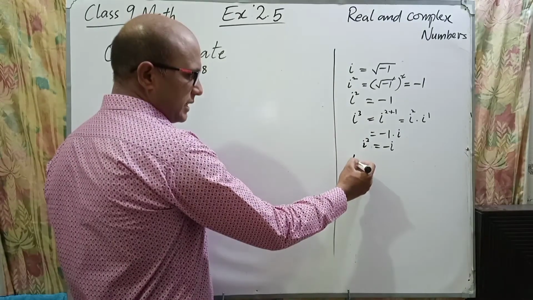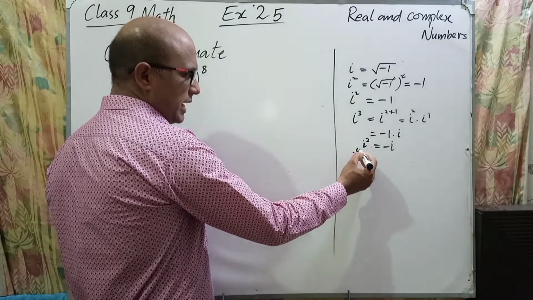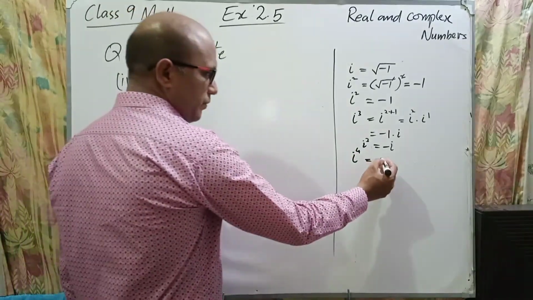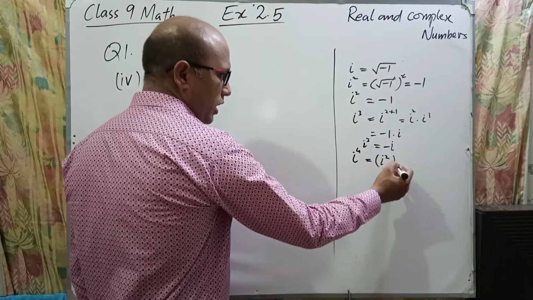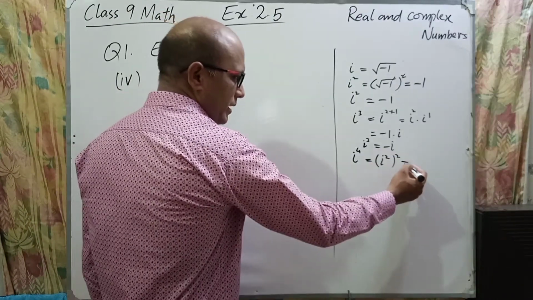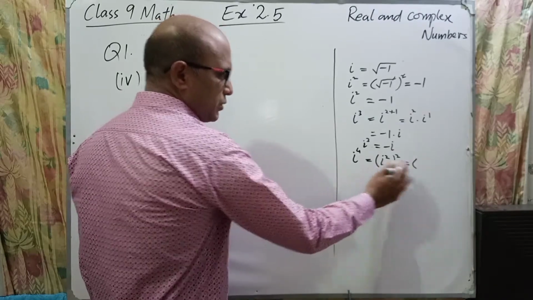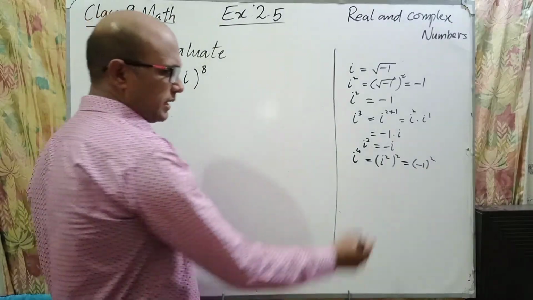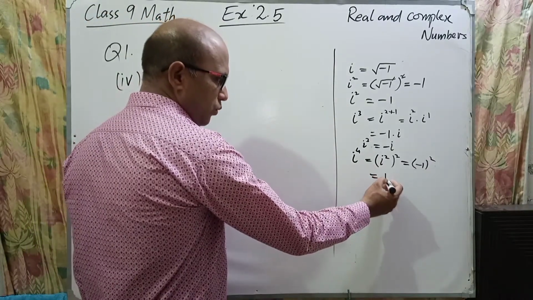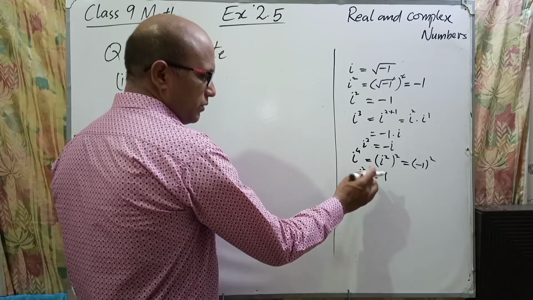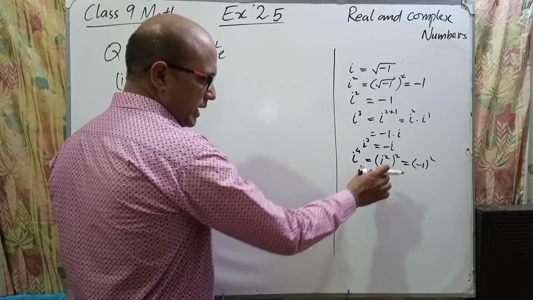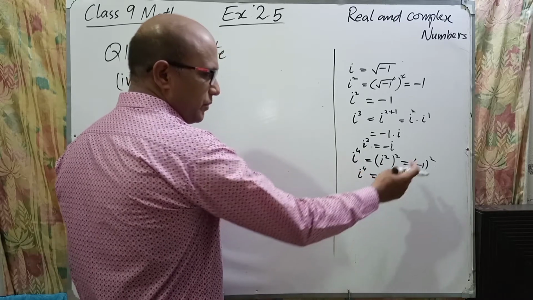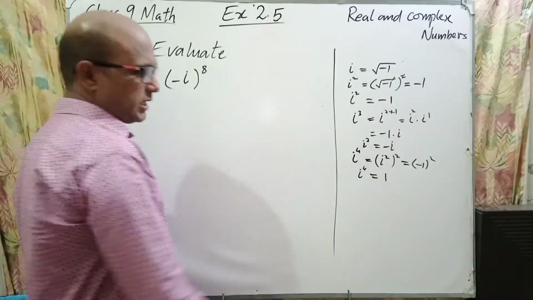So in the same way we can find iota power 4, which will be equal to iota square whole power square, and iota square is equal to minus 1 and square of minus 1 is equal to 1, because we know that square is an even number, so it will make the minus sign positive.